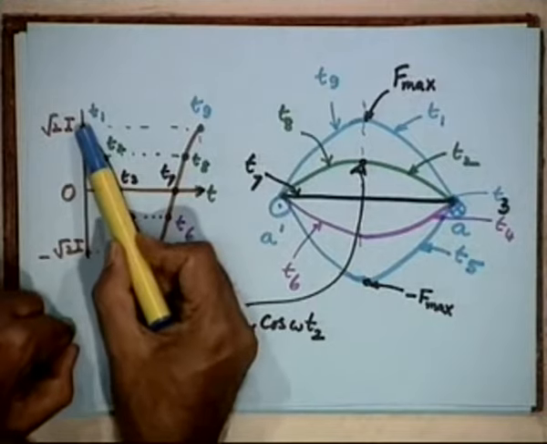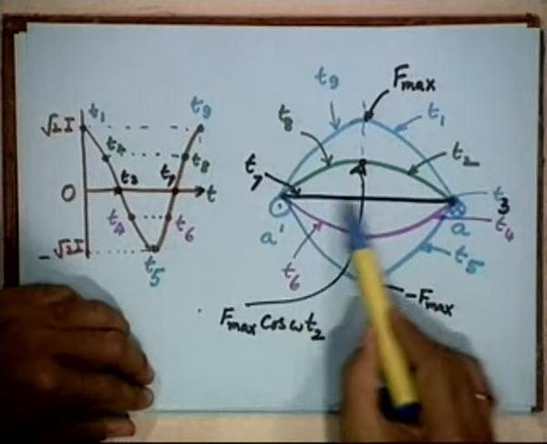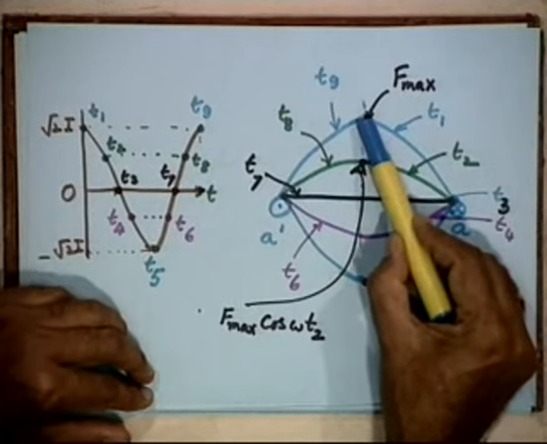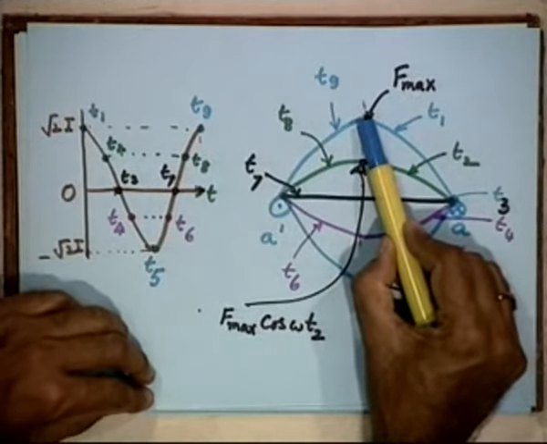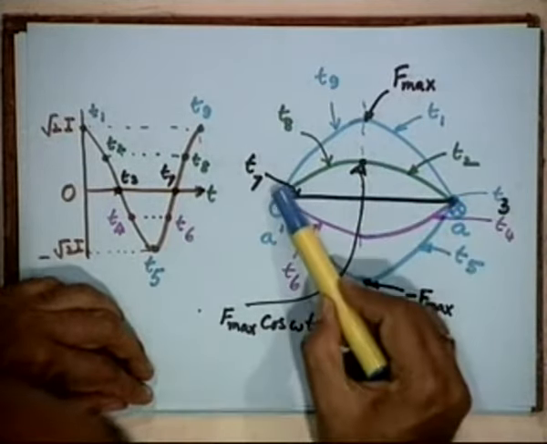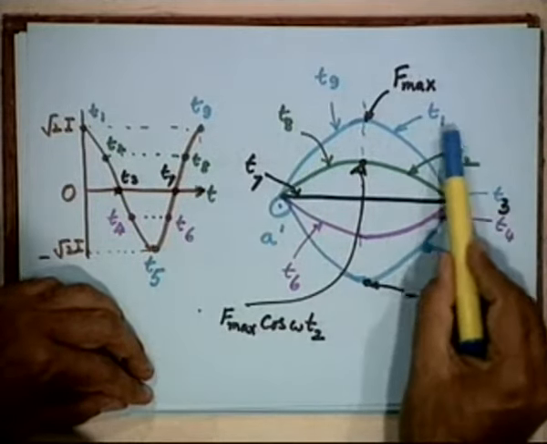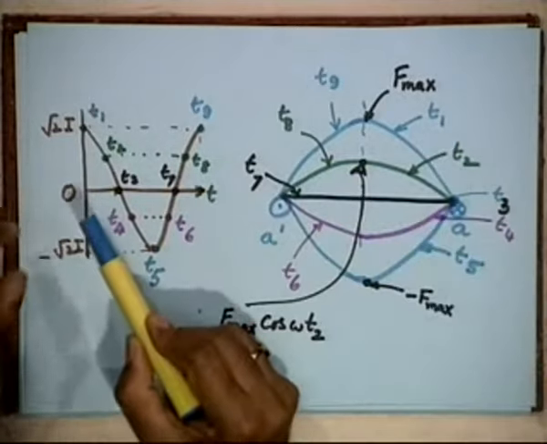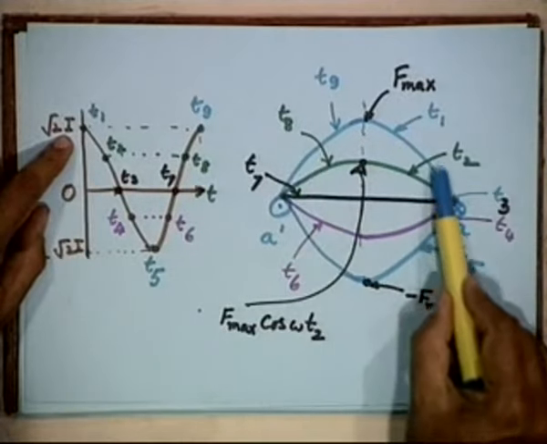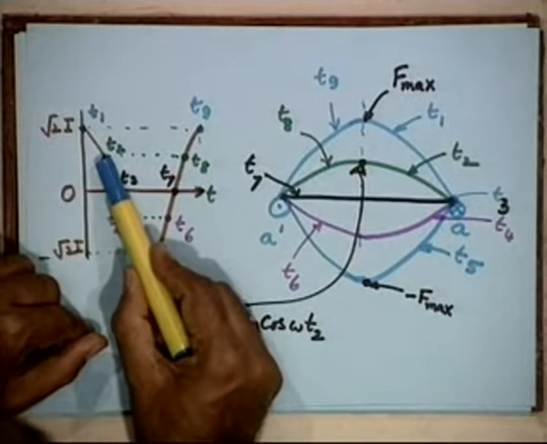At time t1, when the current is at its peak value, this is the a axis, and you would expect the MMF variation to be like this with the maximum value. F max is the maximum value when the current is at the maximum value, right. So that will be the F max here, and that will be varying in space. So this is at time t1, you freeze at time t1 for that magnitude of current which is root 2 I. This is the MMF pattern.